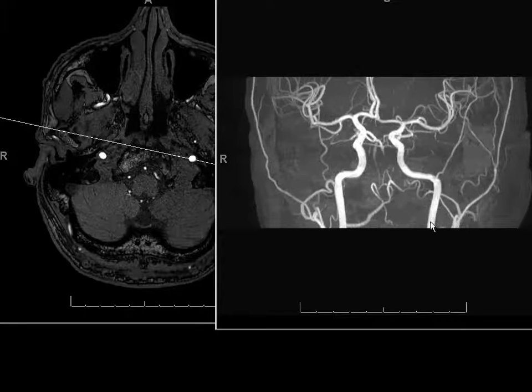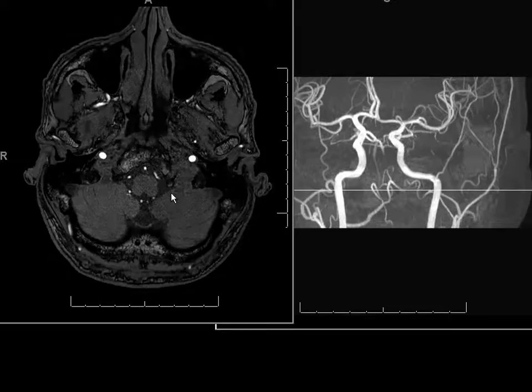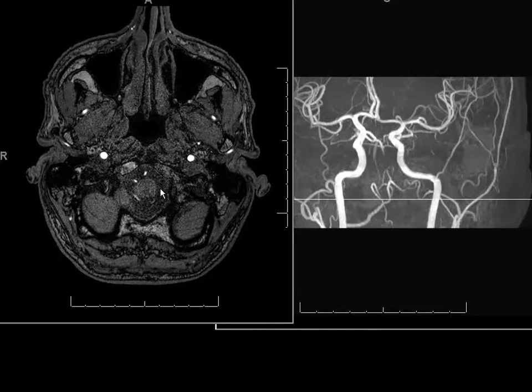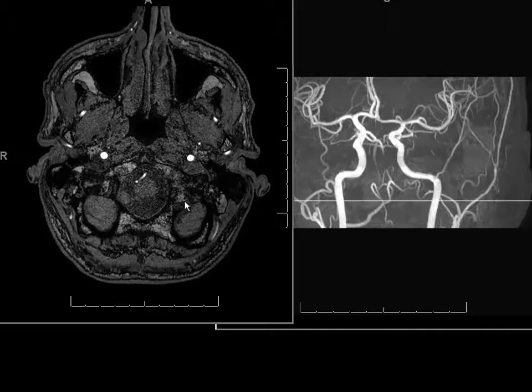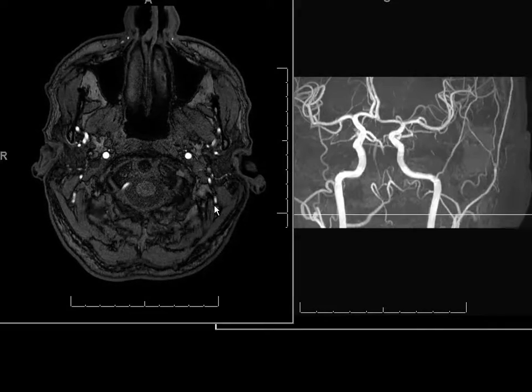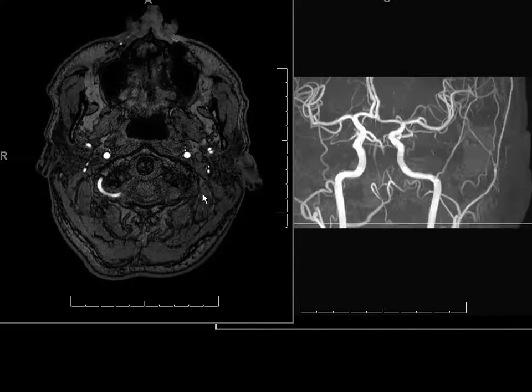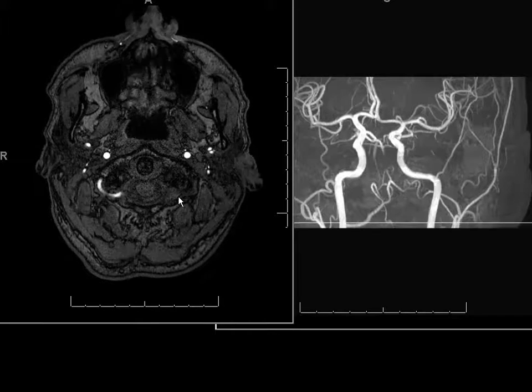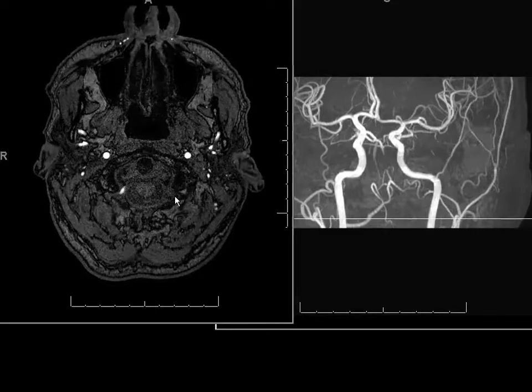The rest of the left vertebral artery, you don't see it here on the 3T MR. You don't even see it. You can see a kind of small vertebral artery here. After getting to the intracranial portion, you don't see the blood flow anymore.